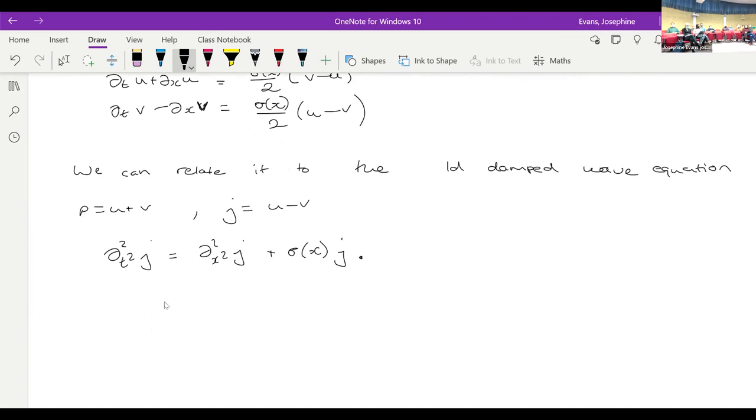Okay, so the reason it's nice that we can turn it into this damped wave equation is that control theorists a while ago have proved various things about this equation. And there's a paper by Cox and Zuazua, which we use quite a lot, which does a lot of precise work with not this equation, but a similar one.